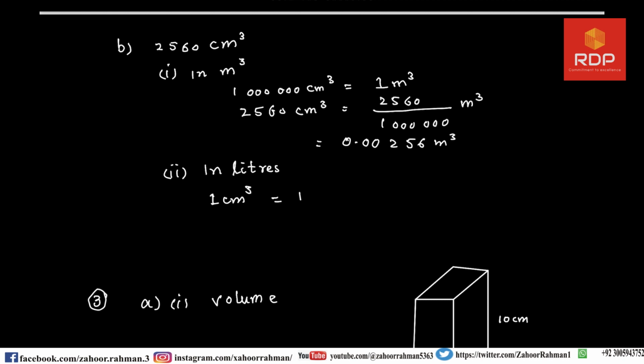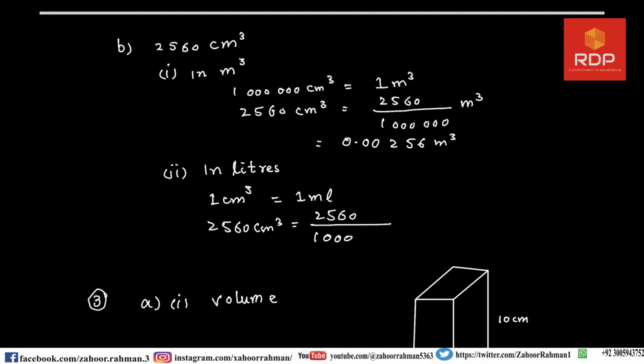Now we have to convert it into liter, and we know that 1 centimeter cube is equal to 1 milliliter. So in this case, if we are converting 2560 centimeter cube into milliliter, then we have to divide that by 1000.